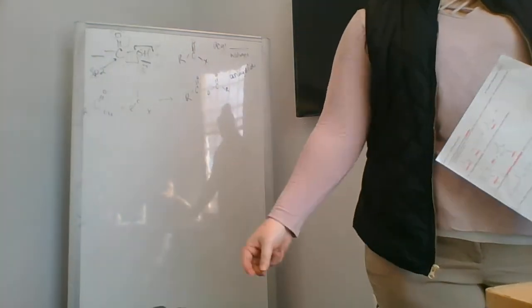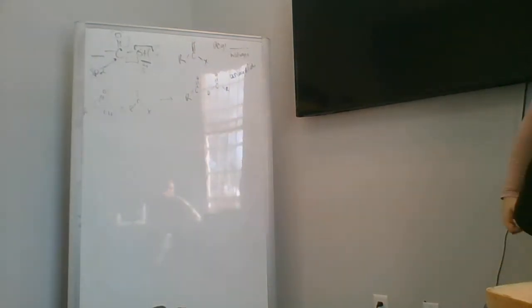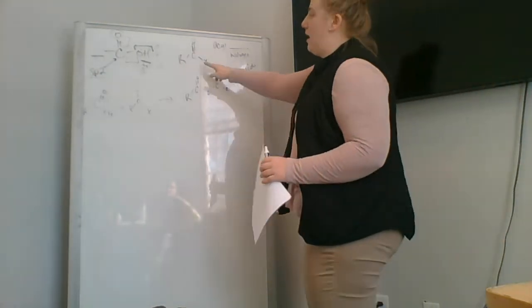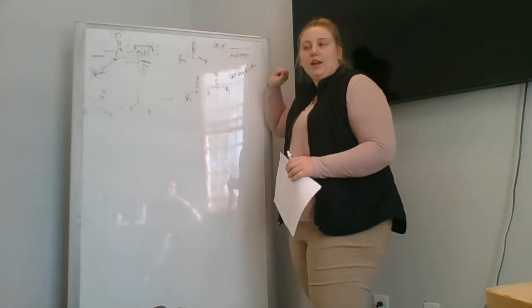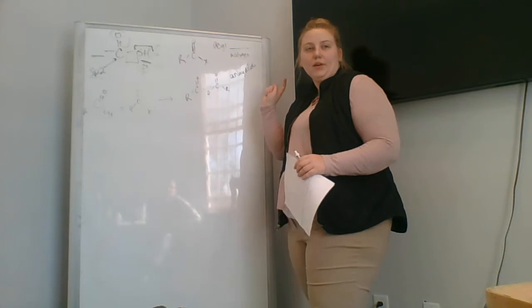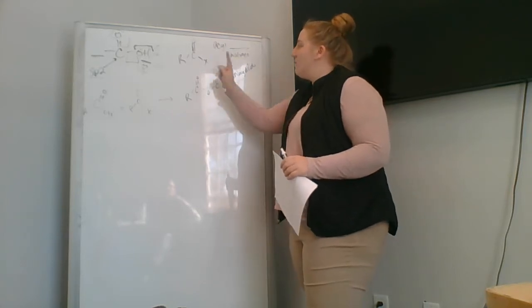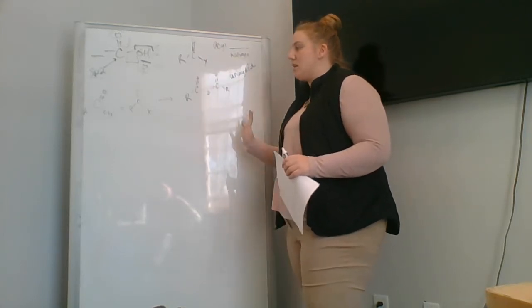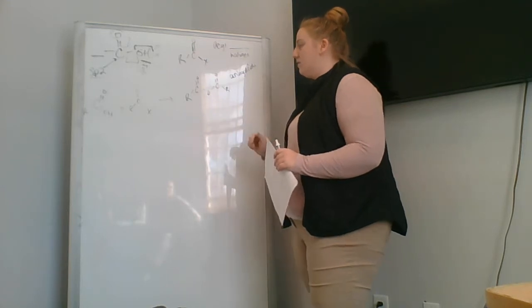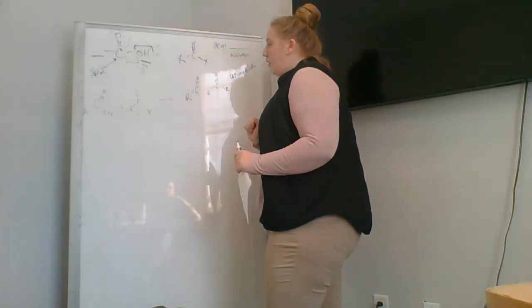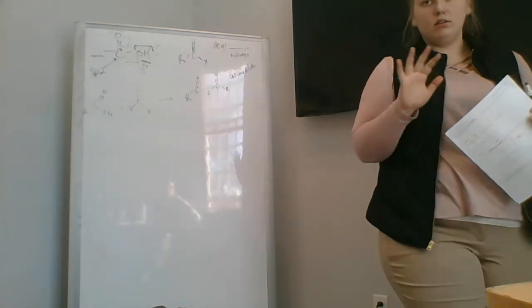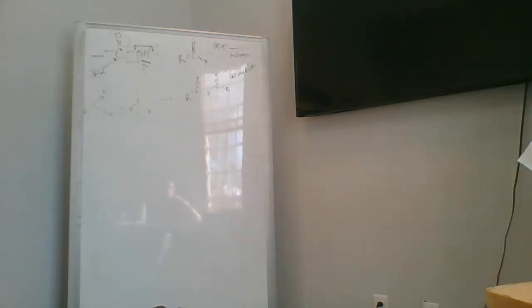You could probably use iodide because it is a good leaving group, but I don't know how easy it is to make acyl iodide. That might be the hard part, you know what I mean? But if you have acyl iodide, you might be able to use it. I would just know it as acyl halide, but if he does say acyl chloride, just don't get confused by that.